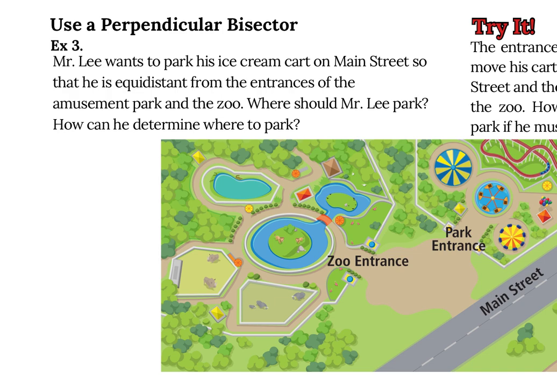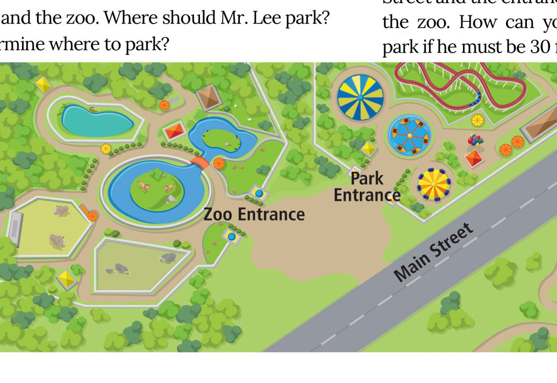So the first thing I'm going to do is create points at those entrances. And I am going to connect them with a line. Try to get that a little bit better centered. All right, so I want to find my intersection.